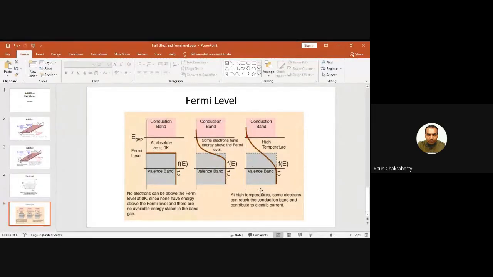But in these two figures on the right side, you have increased the temperature of the semiconducting material. There is a gap between the valence band and the conduction band. You are increasing the temperature, and this brown curved thing is the Fermi function, F(E). What is the Fermi function? We'll discuss in a while.